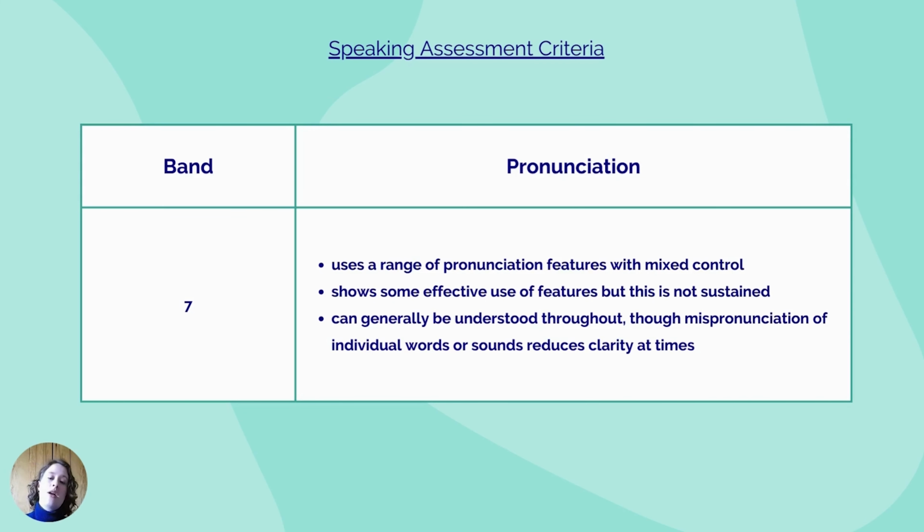Here you can see the marking criteria for a Band 7 answer, taken from the IELTS website. You can see that mispronunciation of individual words or sounds is okay at times, but you must generally be understood throughout the exam. Let's look at our final example question for today's video and focus on pronunciation.